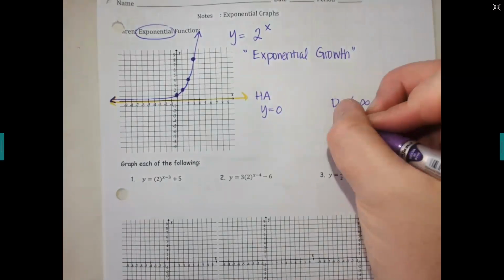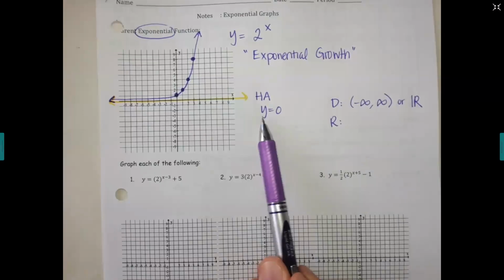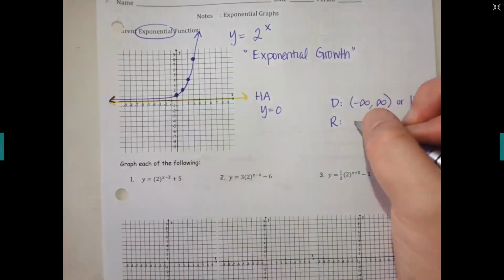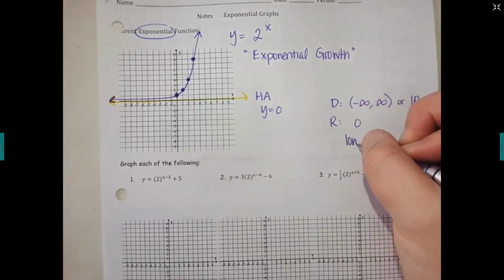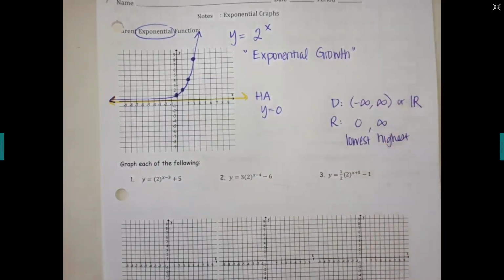However, for range, remember range is lowest to highest. My graph can only go how low? 0. It can't go past 0 because remember, it can't cross that line. So my lowest is going to be 0. And then my highest is still going to be infinity because my graph is going up forever.